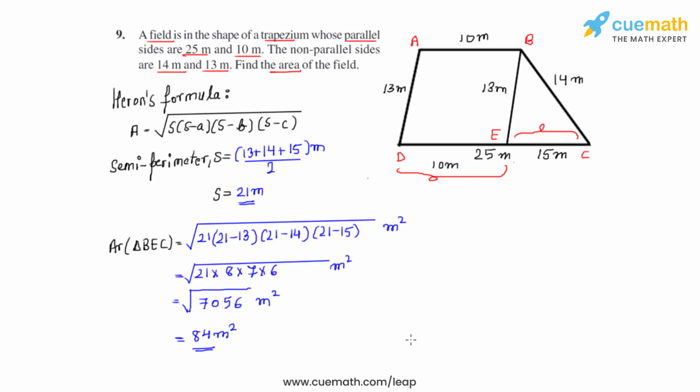Now that we have found the area of triangle BEC, we can find its height h, which is perpendicular to the base EC. This height h is also the height for the parallelogram ABED, so we will be able to find the area of parallelogram ABED as well. So let's start finding the height.